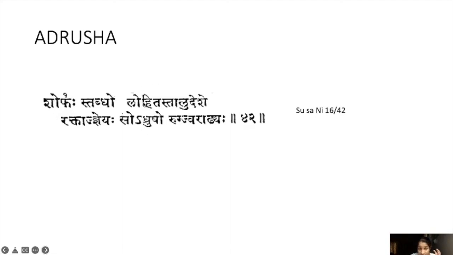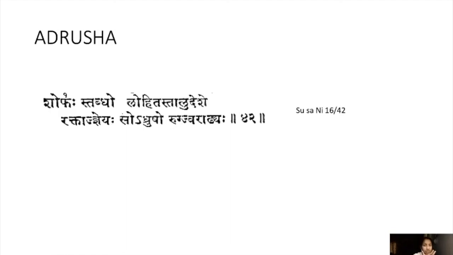Its color is red, Lohita, where it is in Talu Desha. So in all of the Talu Desha there will be a swelling. There will be edema in the full Talu Desham, and the Talu will become red in color, and it is caused by Rakta, and it is known as Adrusha. Rukjwara Atyam, there will be pain and there will be fever also.